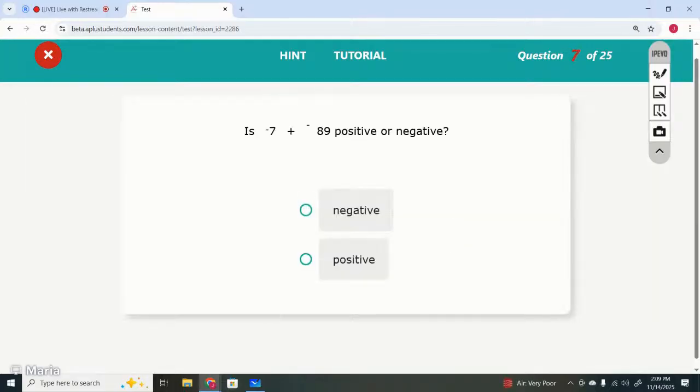Is negative 7 plus negative 89 positive or negative? Negative it is. Option number 1 is the correct option.